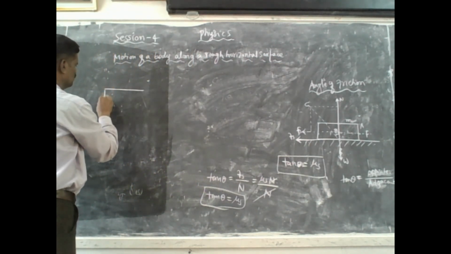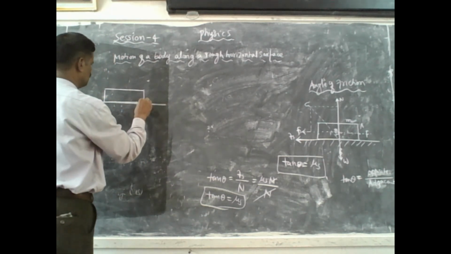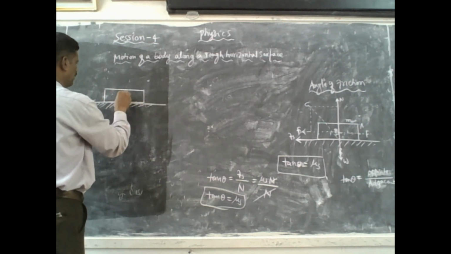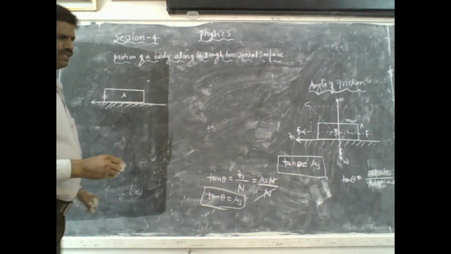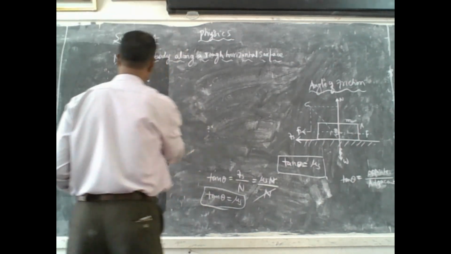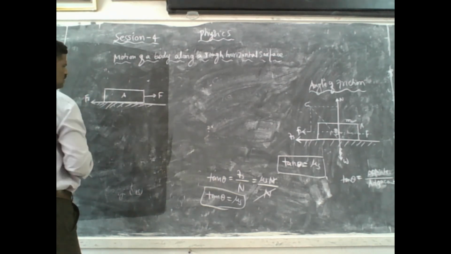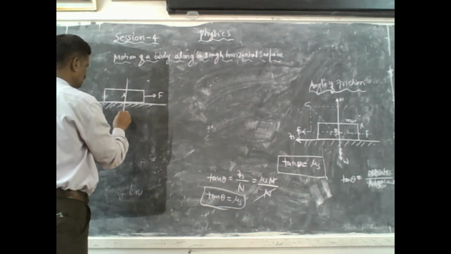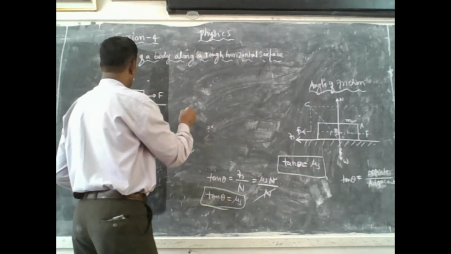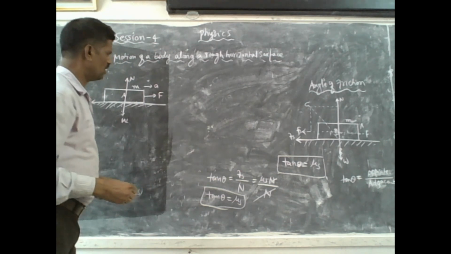Suppose body A moves in the opposite direction to force F, and this is the frictional force Fs, and normal reaction N, with weight W, and motion is A. Here M is the mass of the body.